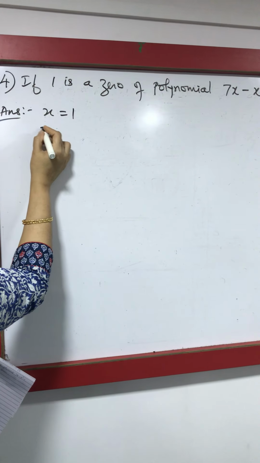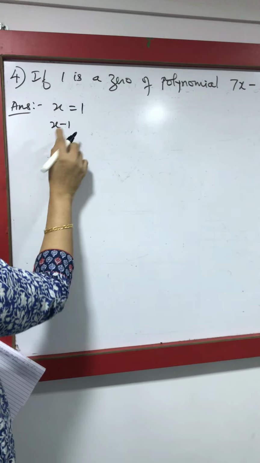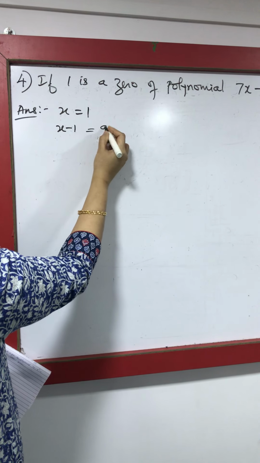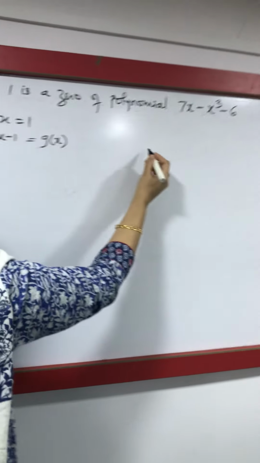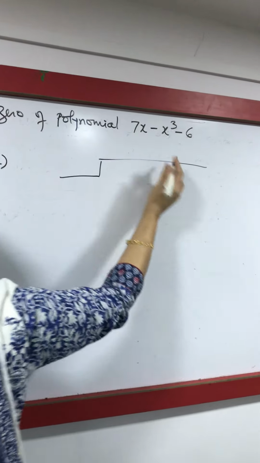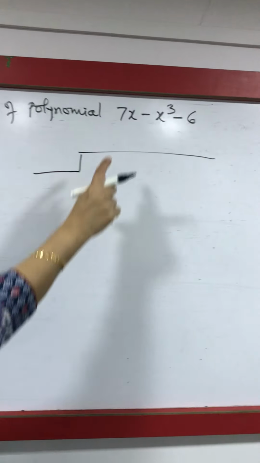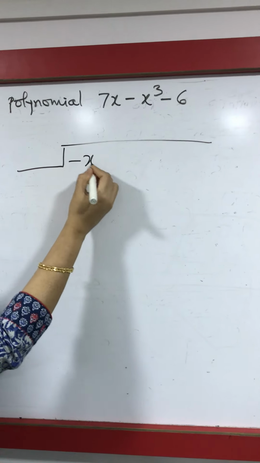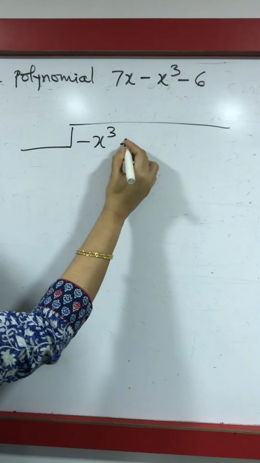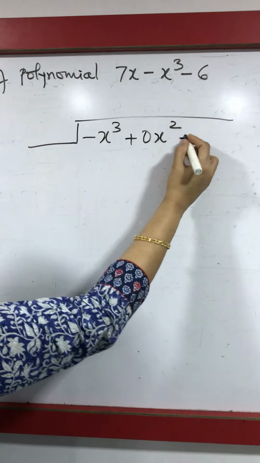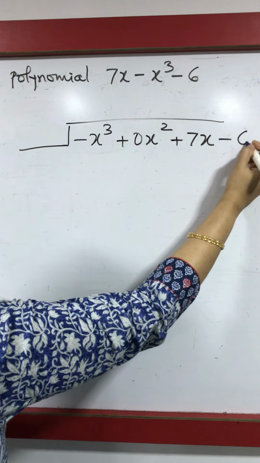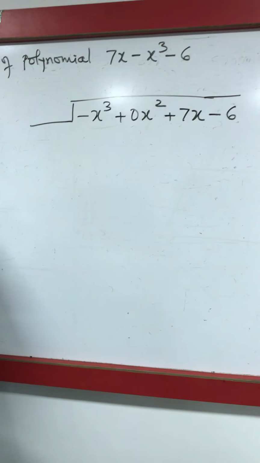So the factor will be x minus 1, which is the divisor. The dividend is not in standard form. So we are going to write x cube term first. There is no x squared term, so we write 0x squared. Then we will write the x term followed by constant.